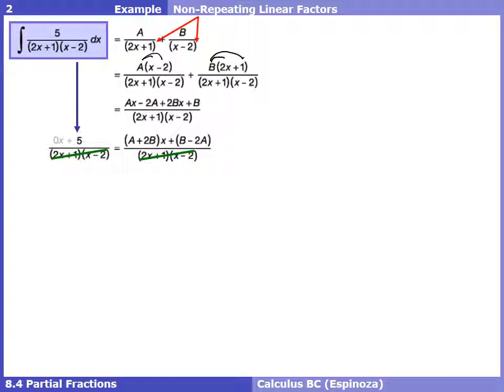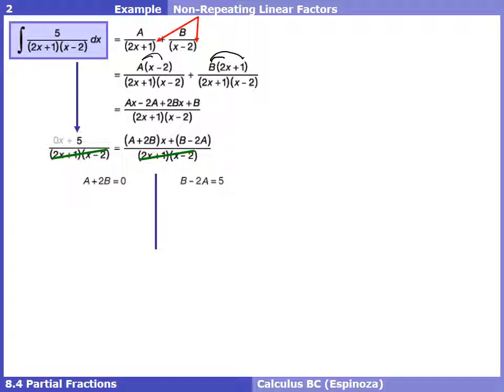Again, we know these denominators will cancel, and if you recall from the last slide, we know the x terms are equal to each other, which would be A plus 2B equals 0, and we know the constant terms are equal to each other, which would be B minus 2A, and that would be equal to the constant on the left side of 5.